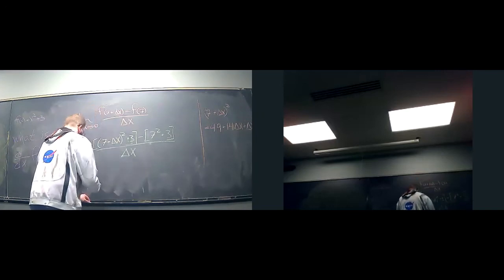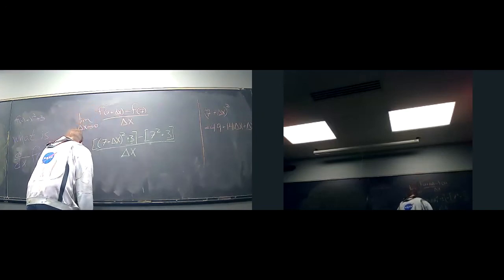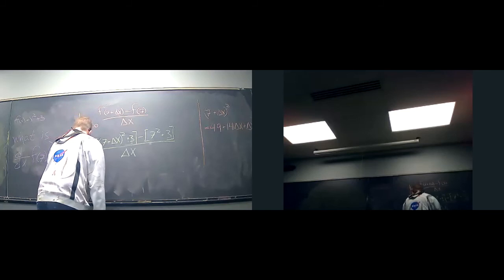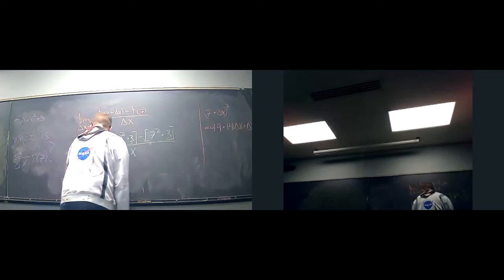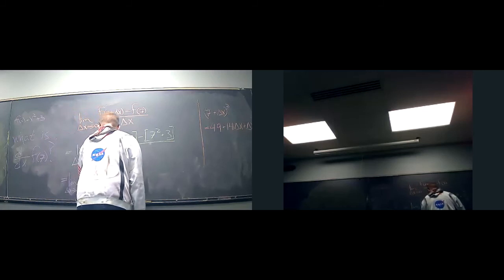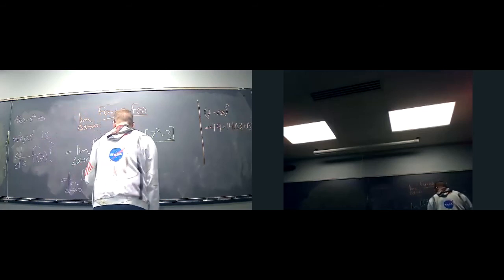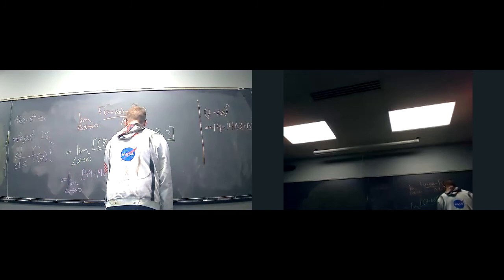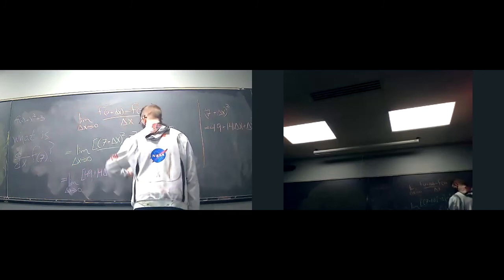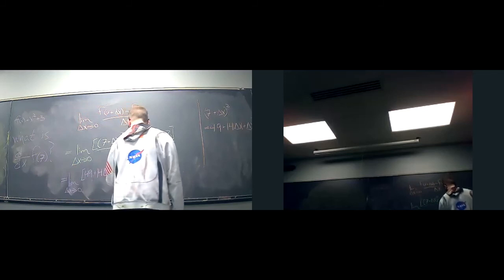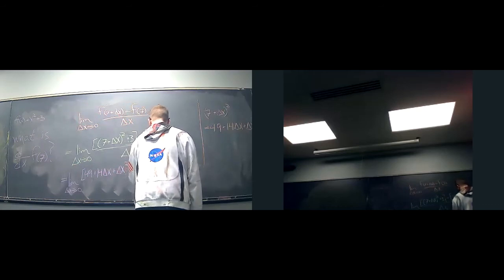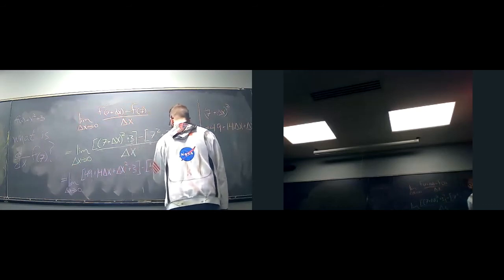We're going to get the limit as delta x goes to 0 of 49 plus 14 times delta x plus delta x squared plus 3 minus 49 plus 3, all divided by delta x.